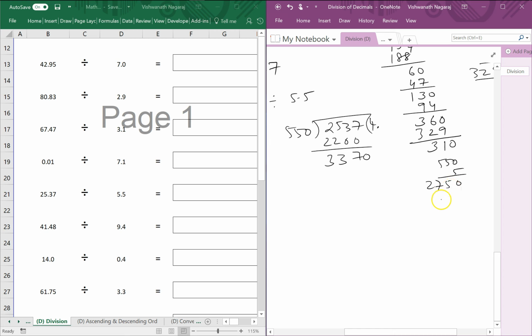2750. Let's try 550 into 7. 7 5s are 35, 3 7 5 are 35, 37. This is too much, so 6 times. So 0, 6 5s are 30, 0, 3 6 5s are 30, 33. So 70. Let's put one more.